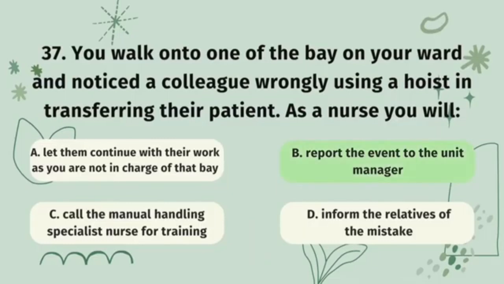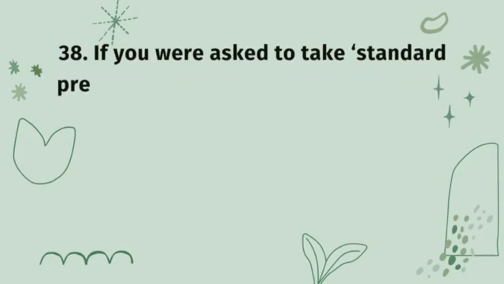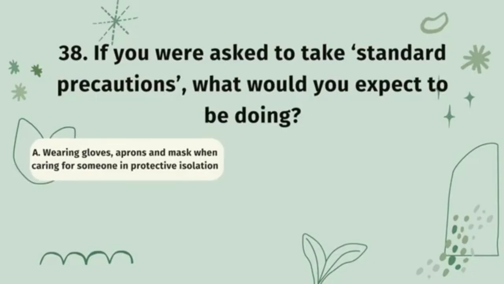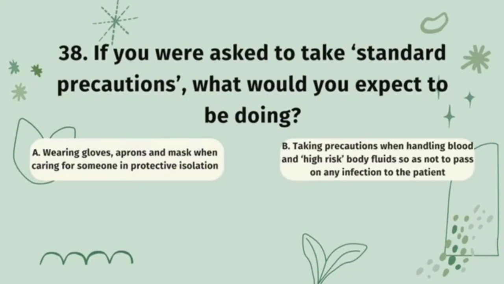The correct answer is B. Question 38. If you were asked to take standard precautions, what would you expect to be doing? Option A. Wearing gloves, aprons, and masks when caring for someone in protective isolation. Option B. Taking precautions when handling blood and high-risk body fluids, so as not to pass on any infection to the patient.